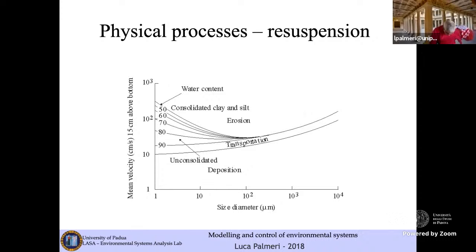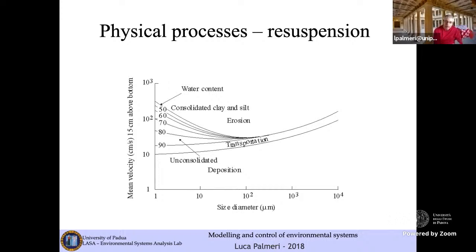There are other relationships that are obtained by experimental observation. For example, here we have a relationship that links the mean velocity at 15 centimeters above the bottom with the size diameter of the particles.